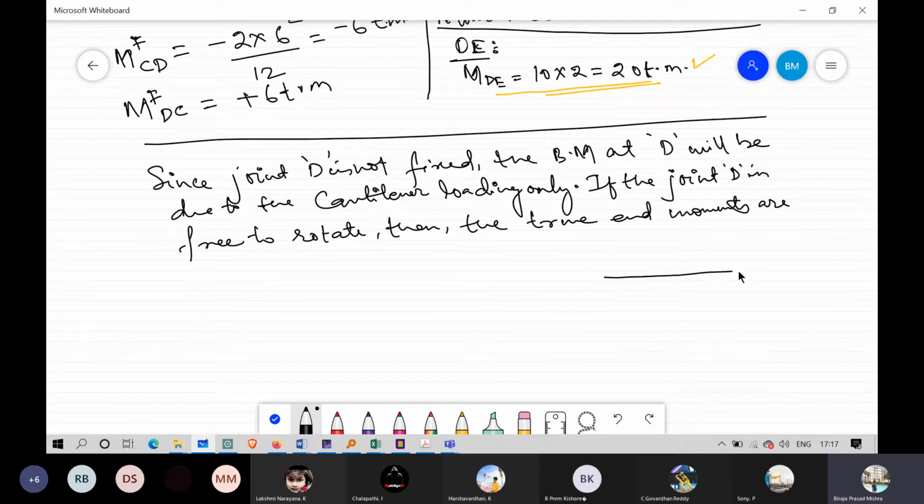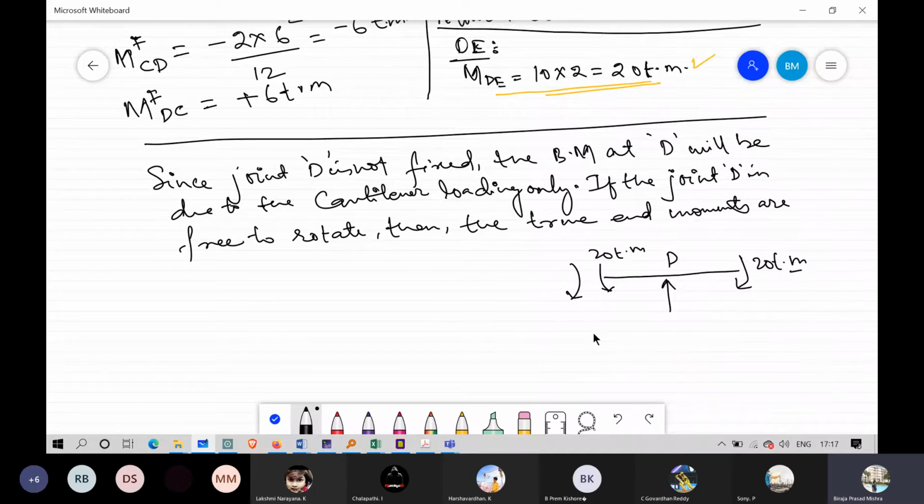So let us say this is the D and D. Okay, so here it is 20 tons meter. This side also the same, 20 tons meter, and this side it will come as 20 ton meter.